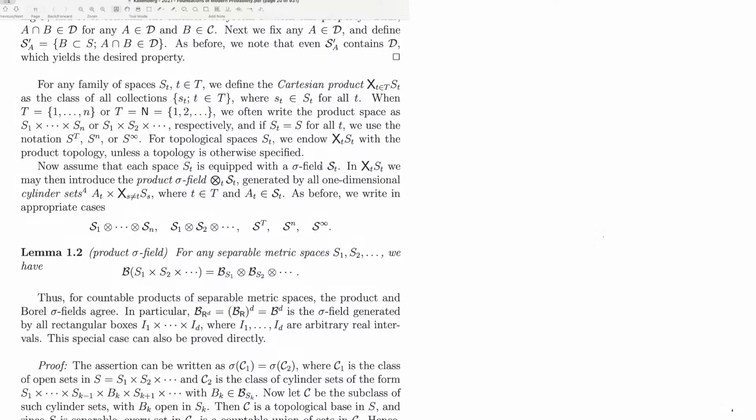So S sub T are each sigma fields, and basically what we get is S1 cross S2 cross dot dot dot, and then at some point Sn cross, and this is n plus 1 cross Sn plus 2 cross dot dot dot, and that is an element in Borel S n plus 1.